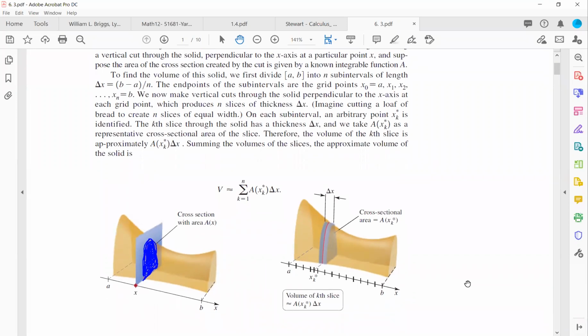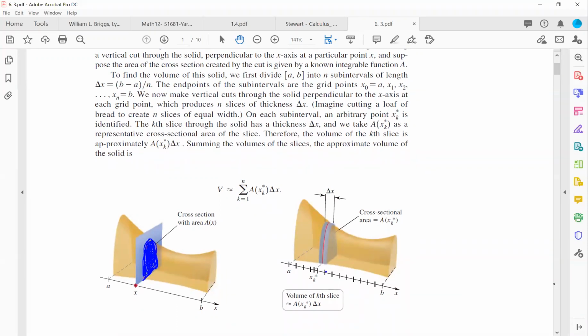So how does it work? We are taking each of these small slices, areas, and we are just shifting this to the left, to the right. So we have delta X, difference in X values.